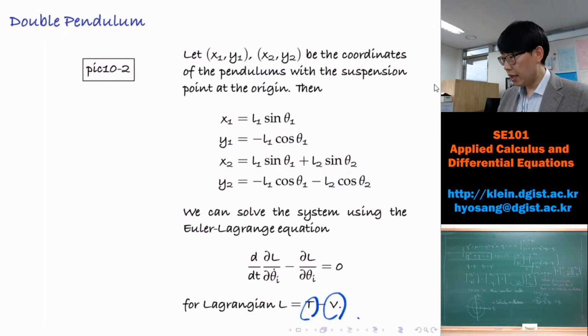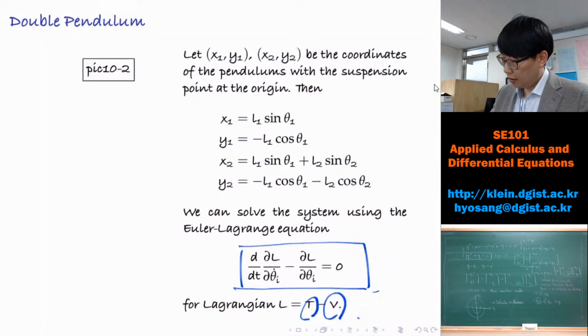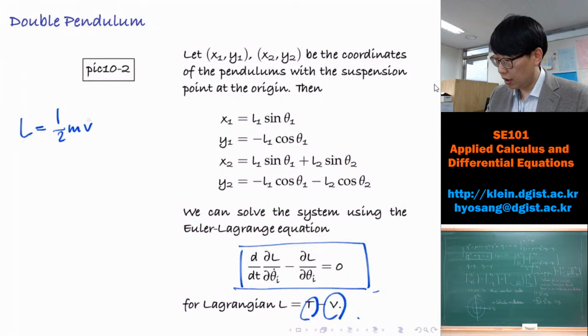And the Euler-Lagrange equation says that, so here's the general setup. The kinetic energy is usually denoted by 1/2 mv squared, so it's proportional to the square of the velocity, and the potential energy usually depends on the height or the position.